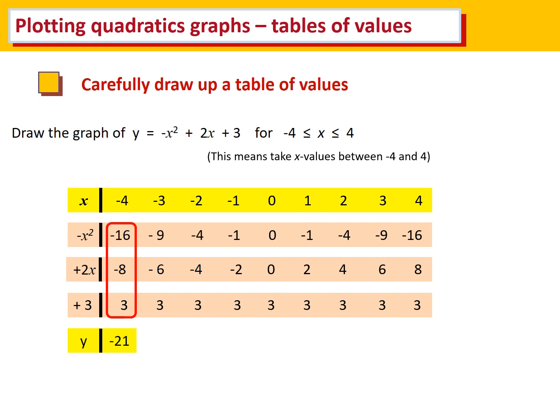When x is negative 3, y is found by adding these 3 values. Negative 9 added to negative 6 is negative 15, add 3 is negative 12. When x is negative 2, we add these 3 values. Negative 4 added to negative 4 is negative 8, plus 3 is negative 5, etc.